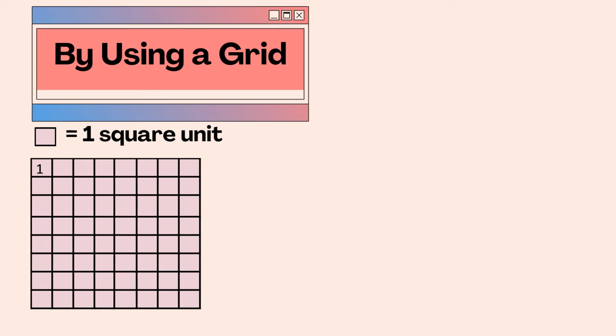Let's count: 1, 2, 3, 4, 5, 6, 7, 8. So one side is equal to 8 square units. Then we're going to count again the number of square units in the other side: 1, 2, 3, 4, 5, 6, 7, 8.